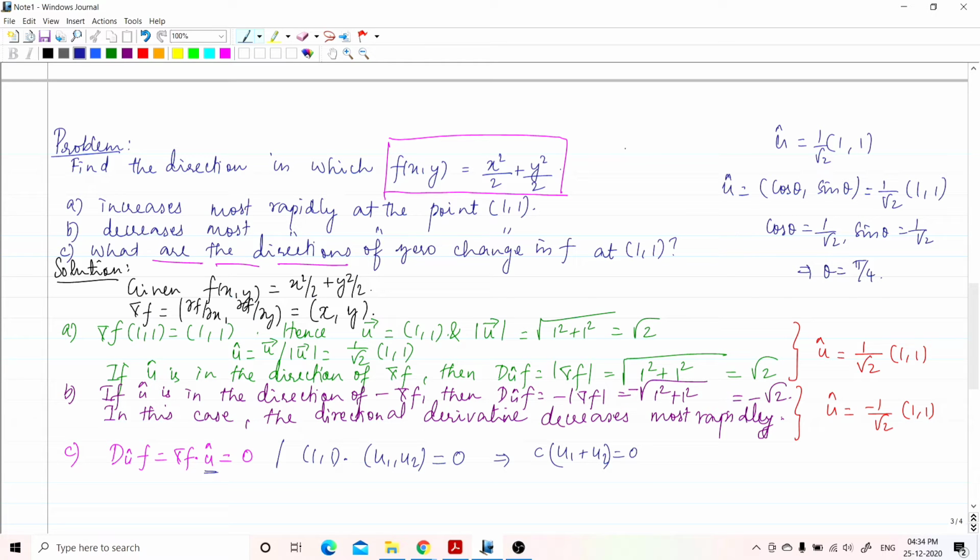So when you make some change, in the second case, you are getting your u cap to be minus 1 upon under root 2 times (1, 1). So in this case, you get your theta to be minus pi by 4. Am I right?